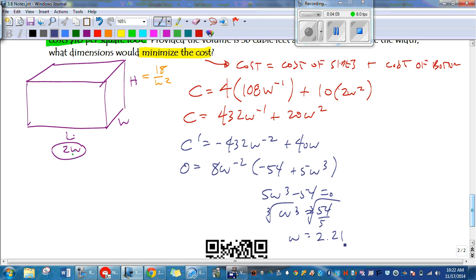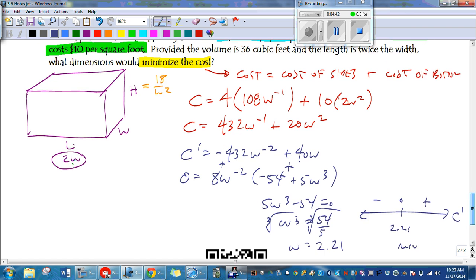That's about 2.21 for our width. And again, we can check to make sure that's a minimum. At 2.21, the derivative is 0. If we try like 1 in our derivative here, this is going to be positive, this is going to be negative, so that's a negative. If we put 3 in, this is still positive, and this one becomes positive, so this is positive. So we do have a minimum at 2.21.